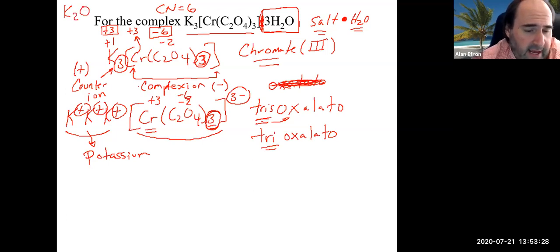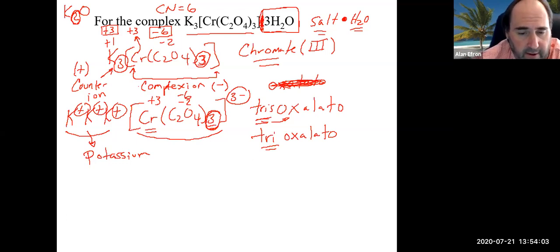You would call that potassium oxide, even though there's 2 of them there. You don't put dipotassium or anything weird like that. So it's kind of similar to that. If you have K2O, you would call it potassium oxide. So here we would just use potassium, even though there are 3. And that typically is the case with your counter ion. Even if you have more than one of your counter ion, you typically will only use the name of the ion, be it a positive or negative counter ion, typically just the name of it.